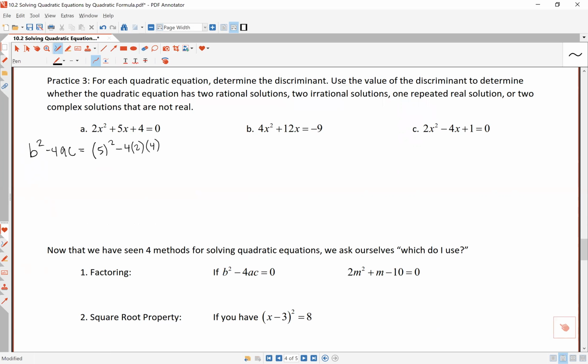And this gives us 25 minus 32, which is negative 7. When this is negative, we get the 2 complex solutions that are non-real. And that's because we would be taking the square root of a negative number, giving us the i's.